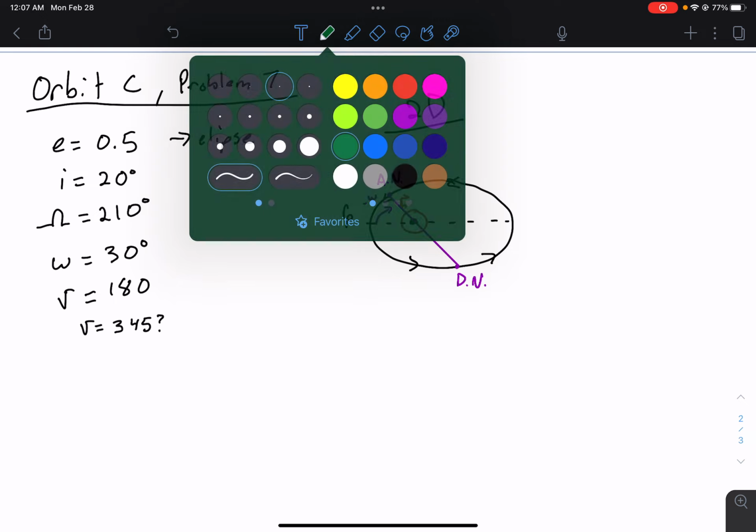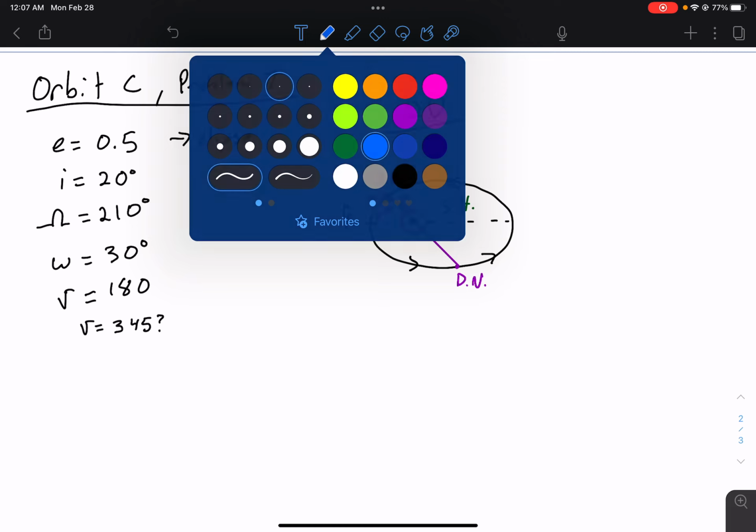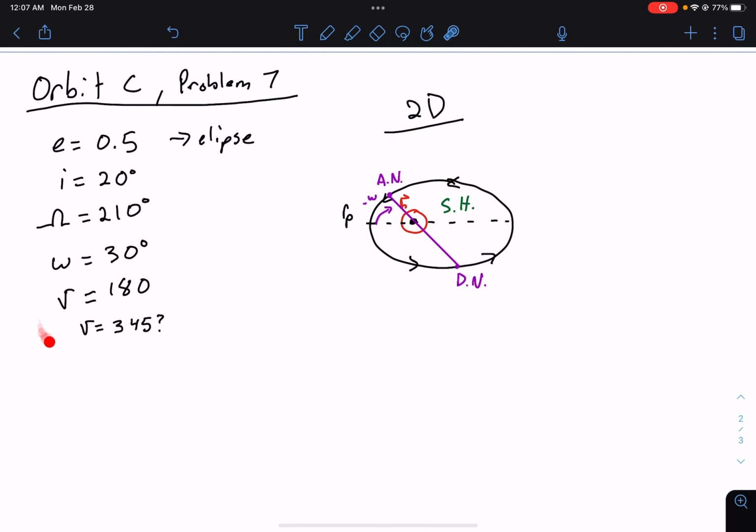I'm going to go ahead and label my southern hemisphere. Now you'll notice here that I have two locations. This is what is given on your homework as 180, but I thought that was really boring because we just did that. So I am going to go ahead and substitute 345 degrees as your new true anomaly.